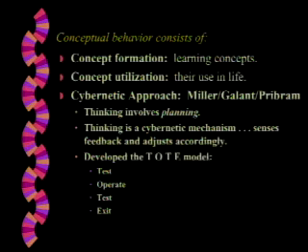But they're talking here about just overlaying that cybernetic model that we talked about earlier, of thinking as involving planning, that thinking is a cybernetic mechanism. We sense feedback and we adjust accordingly. And so they say it's kind of, TOTE is easy to remember, a little acronym. Test, operate, test, exit.